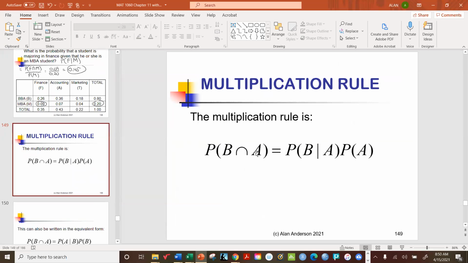And you can see, look at that. We need a conditional probability to do this. So first, note that this is the probability of an intersection, which means A and B, or B and A are both true. And it's written in terms of conditional probabilities, or at least one conditional probability and one unconditional probability.